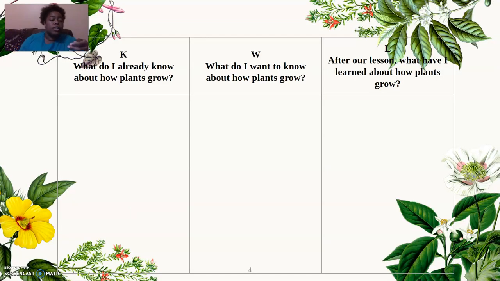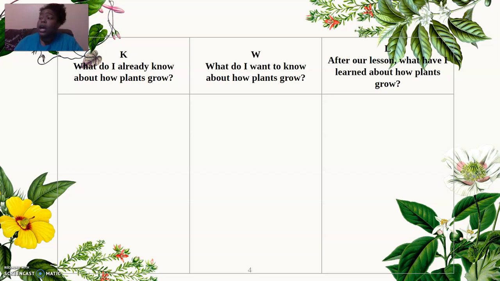Next, you see our KWL chart, which we will use in our engage portion of our lesson. We're going to talk about what we already know about how plants grow, what we want to know about how plants grow, and after we finish, we're going to figure out what we have learned about how plants grow.